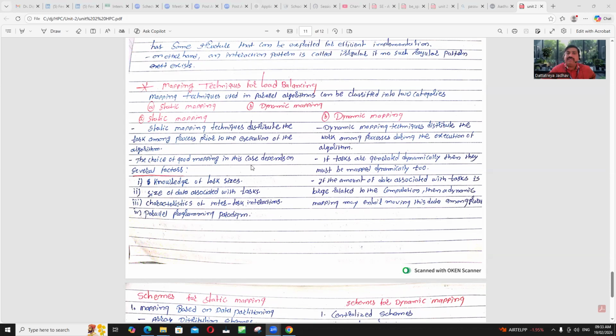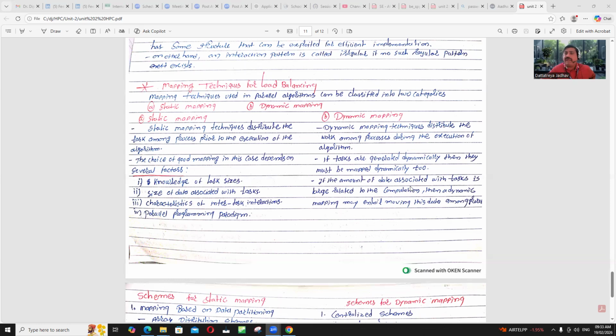In this case, it depends upon several factors. In dynamic, if the tasks are generated dynamically, then they must be mapped dynamically only, because we do not know which task will be executed, so they are allocated dynamically. But in static, it is a predefined parameter how the tasks will be allocated.